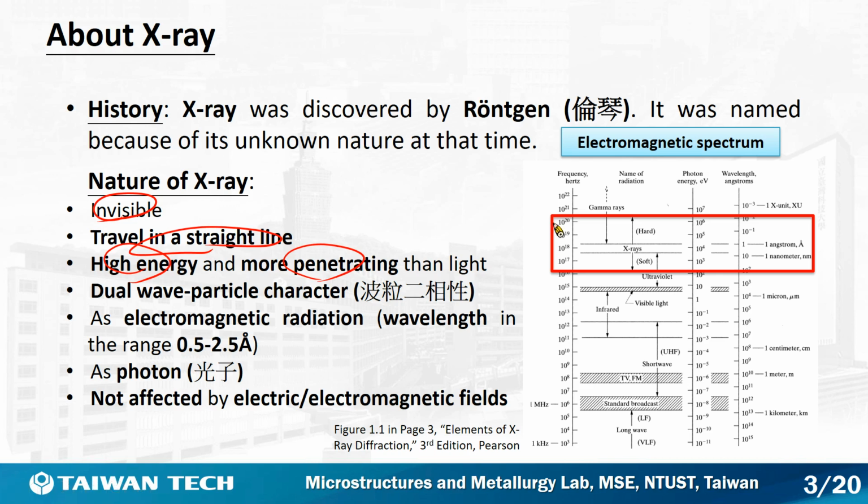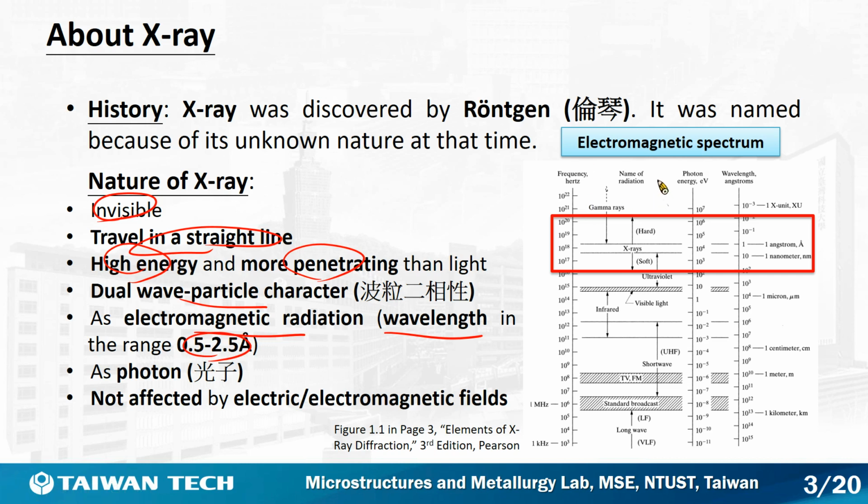And X-ray has a dual wave-particle character, 波粒二象性. So it can be considered as electromagnetic radiation. We can see it as a wave, so it will have a wavelength, with a range of 0.5 to 2.5 angstrom.